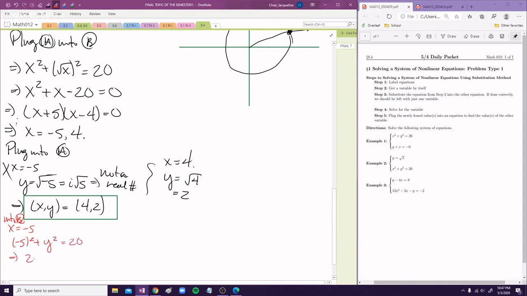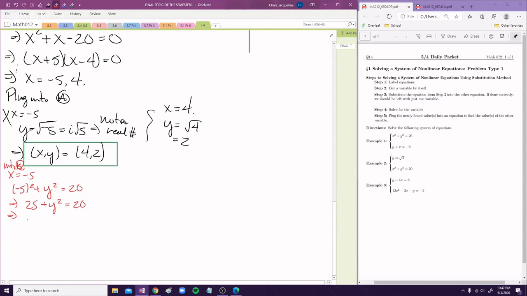I get 25 plus y squared is equal to 20. So I get y squared equal to -5, so y is equal to plus or minus the square root of -5. So we still know this is not a real number.